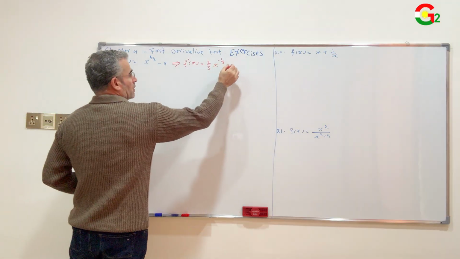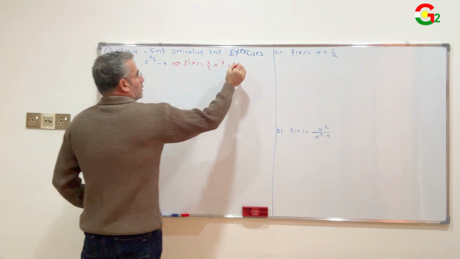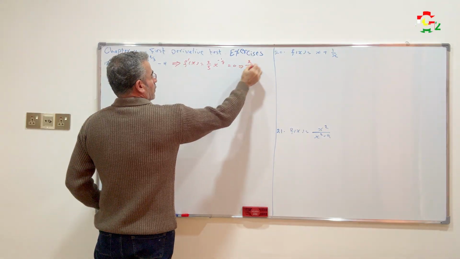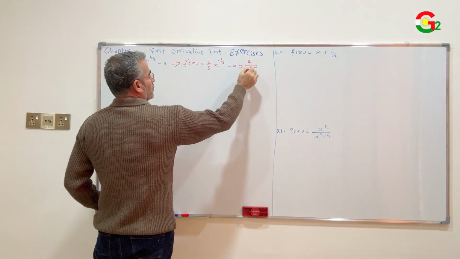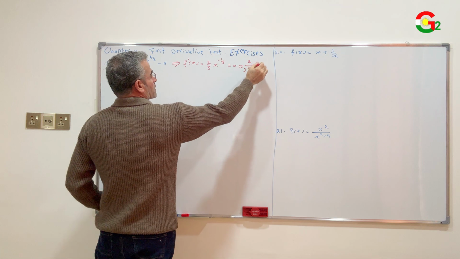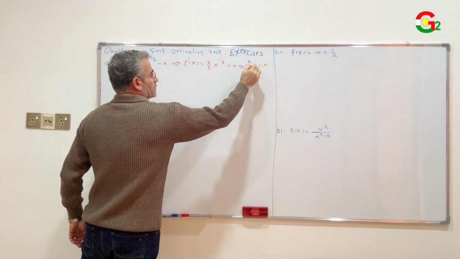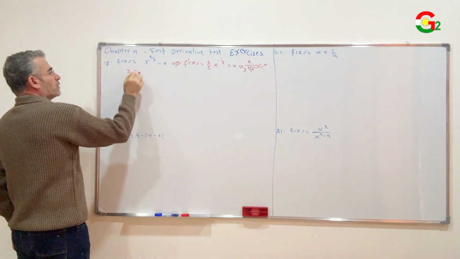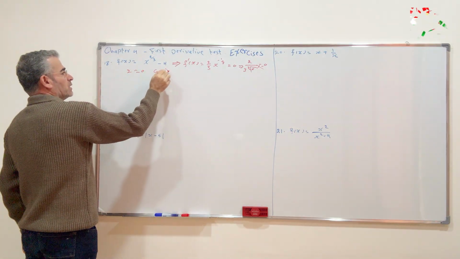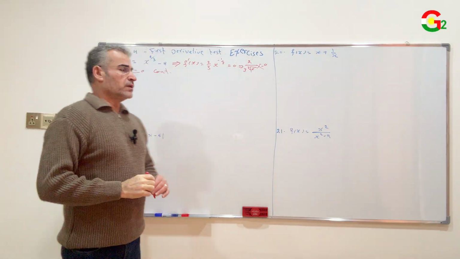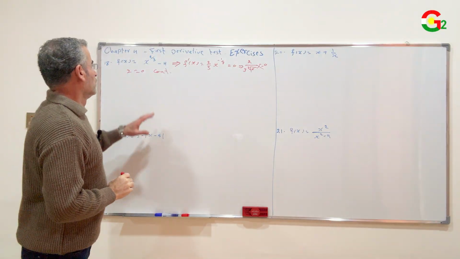Set it equal to 0 and solve to find x. 2 over 3 cube root of x equals 0. Then cross multiplication, 2 equals 0, a contradiction. There is no value that makes the derivative of this function 0.